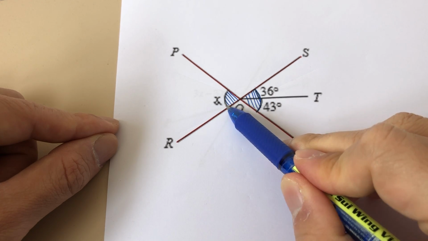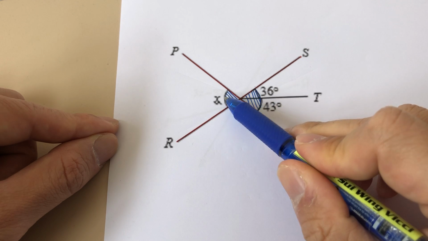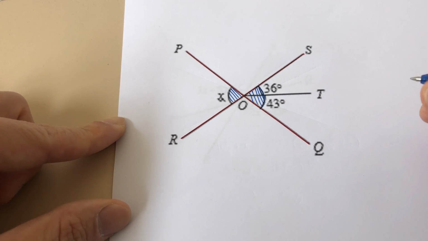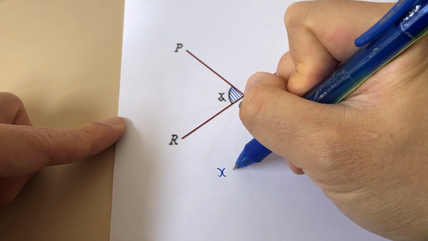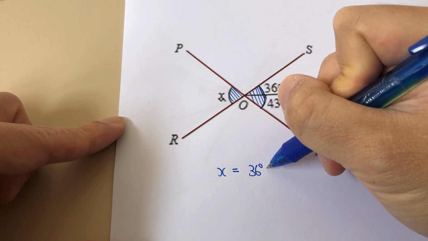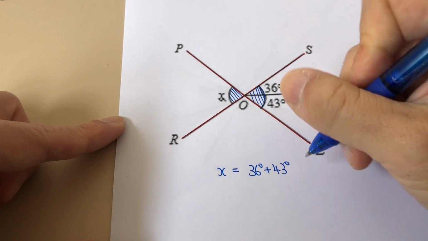x, this angle, and 36 plus 43, this angle, they are a pair of vertically opposite angles. And therefore, they are the same. Therefore, we should put it down, x equals 36 degrees plus 43 degrees. They are equal.